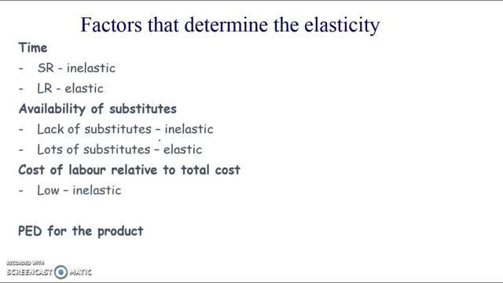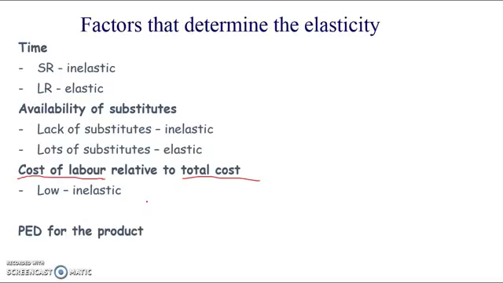The cost of labour relative to total cost. When you learned about PED, this would have been price relative to income, but we're looking at the cost of labour. So the price of labour relative to the total cost of production. If it's a very low cost, the price elasticity of demand for labour is going to be very inelastic, because even if it increases by a lot, because it's a low cost, it's not really having a huge impact on the total costs.